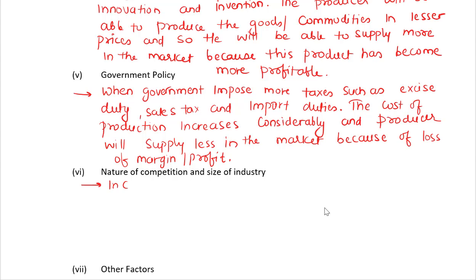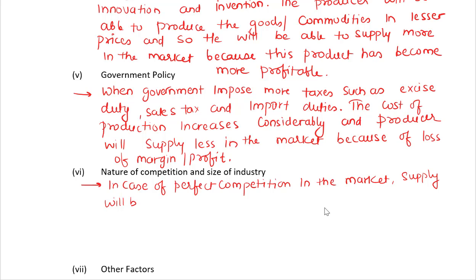So, you can write in case of perfect competition in the market, supply will be more. And in case of monopoly market, supply will be less.